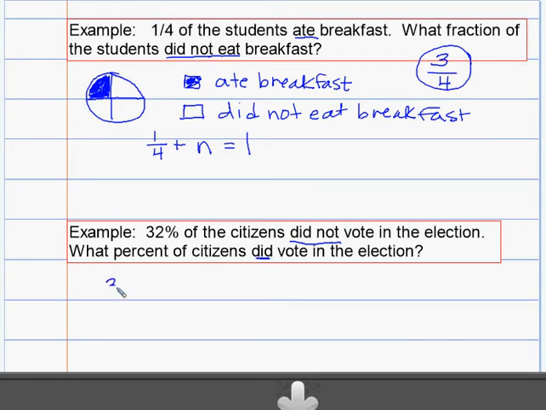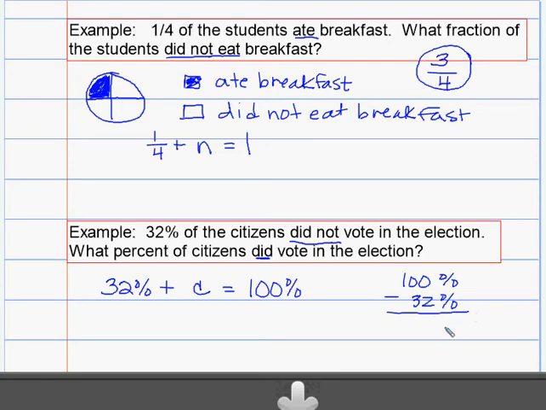Okay, so 32% of the people that didn't vote has to add with the number of citizens that did vote, and I'm going to use the variable c just for citizens, has to equal, remember that all of the citizens would equal 100%. Okay, and remember that anytime you're missing an addend, you subtract. So we would end up with 100% minus 32%.